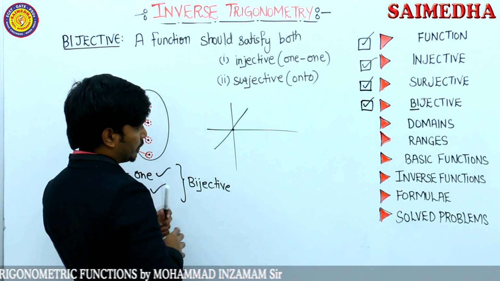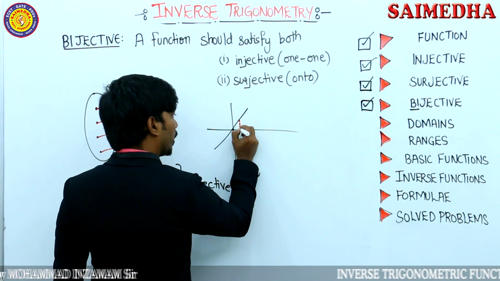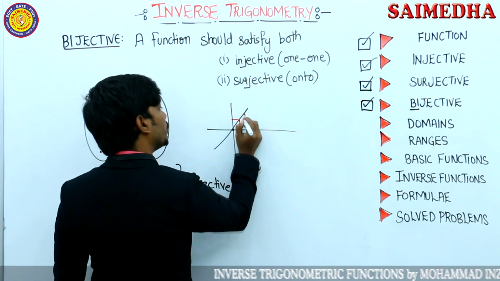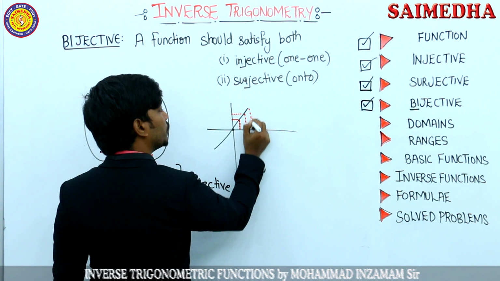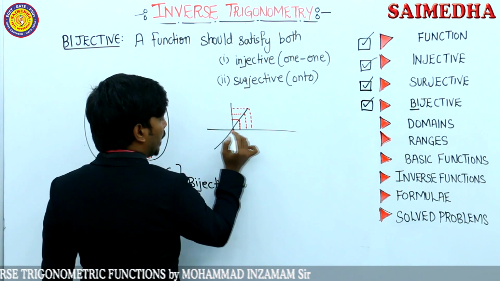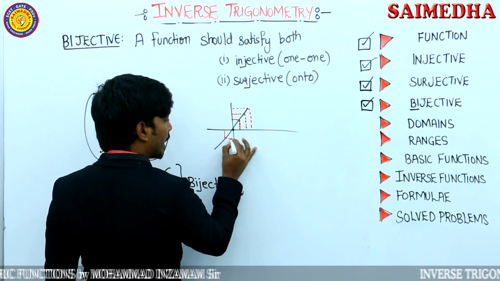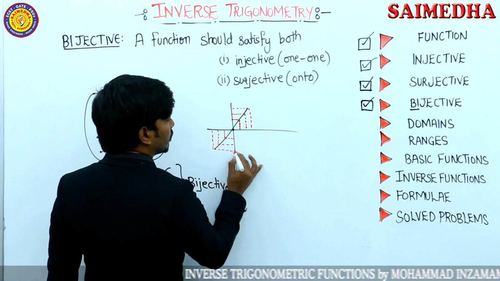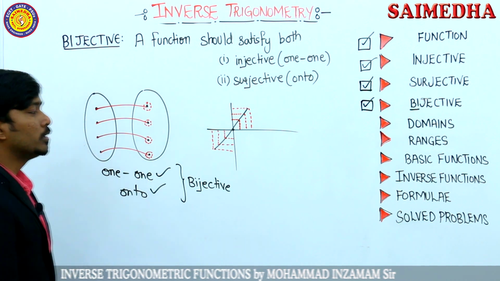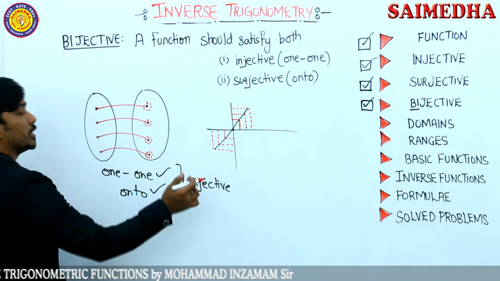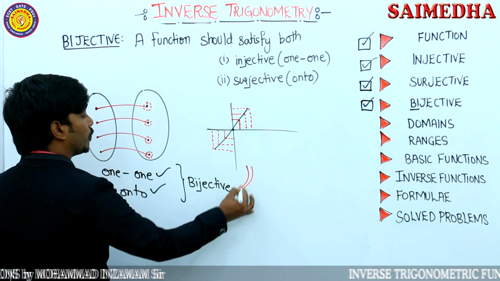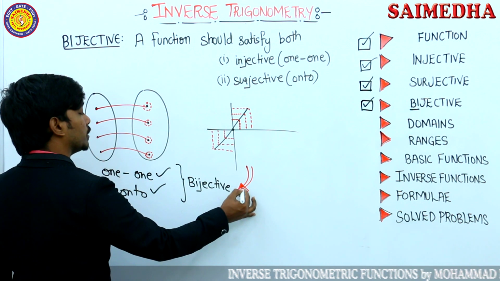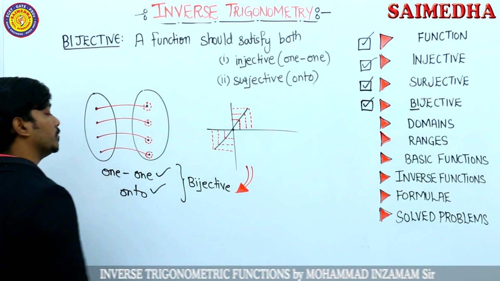Now observe, here we have one input, one output, one input, one output, one input, one output, and all the elements of X have a certain value on the Y or not? Yes, they have. So this is an example of a bijective function. Pause the video and note it down.